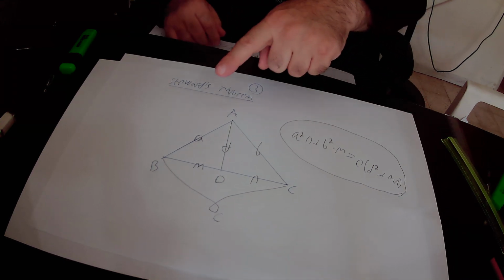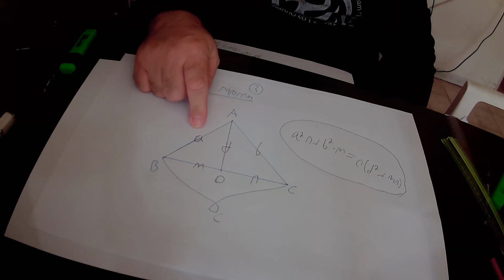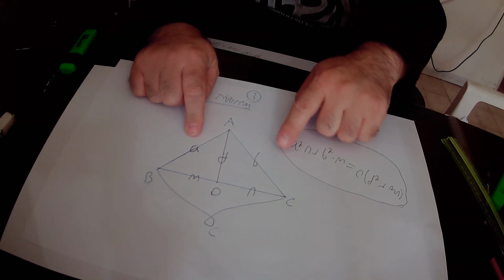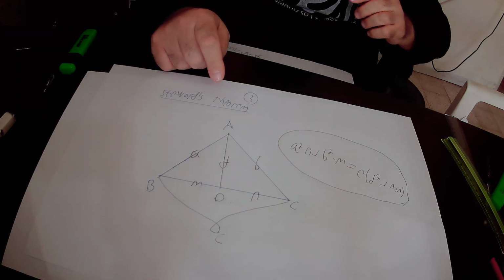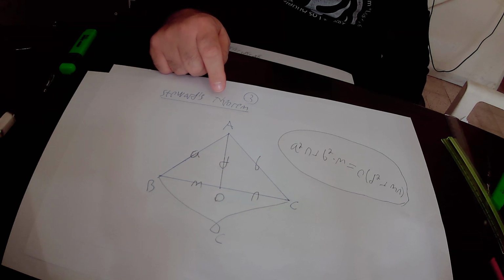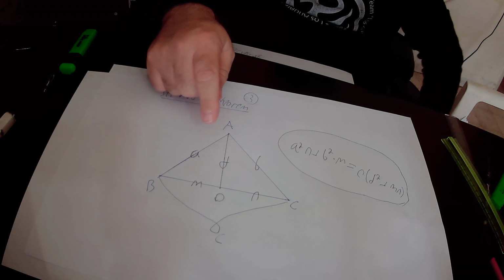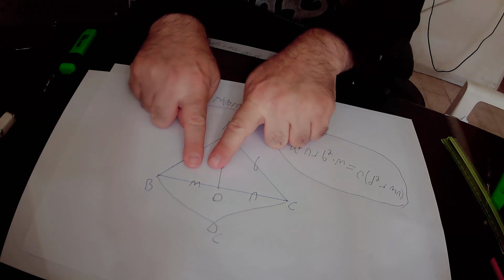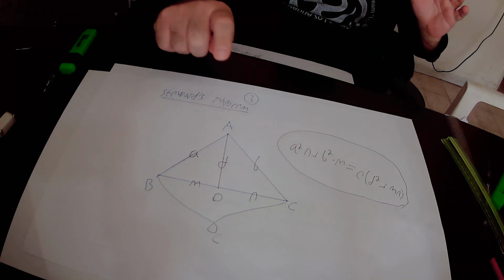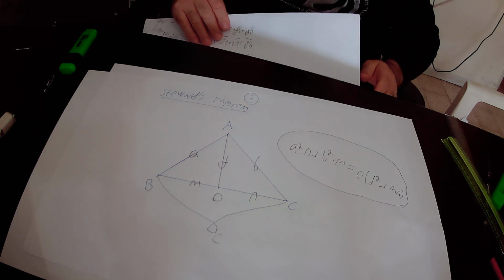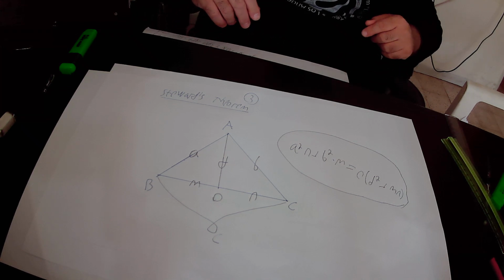If we have triangle ABC here, that could be any triangle, side AB is A units, side AC is B units in length, and side BC is C units in length. In addition, line segment AO equals D units, line segment BO equals M units, and line segment OC equals N units in length. Then, according to Stewart's theorem, the following equation will be true.